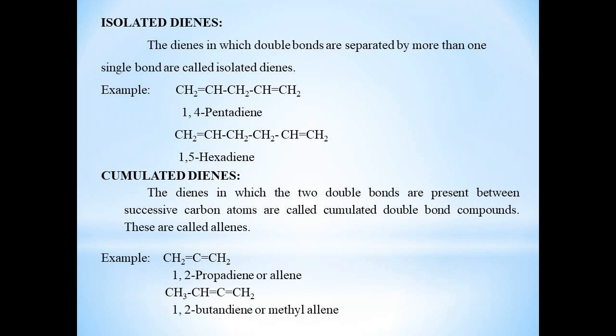Example: 1,2-propadiene, 1,2-butadiene. Examples for these cumulative dienes. Just look at the two examples, with the double bonds coming continuously. 1,2-butadiene and 1,2-pentadiene. These types of examples are cumulative dienes.